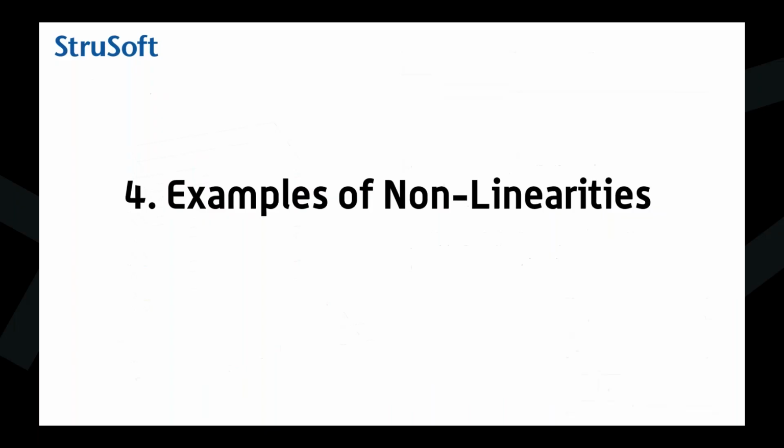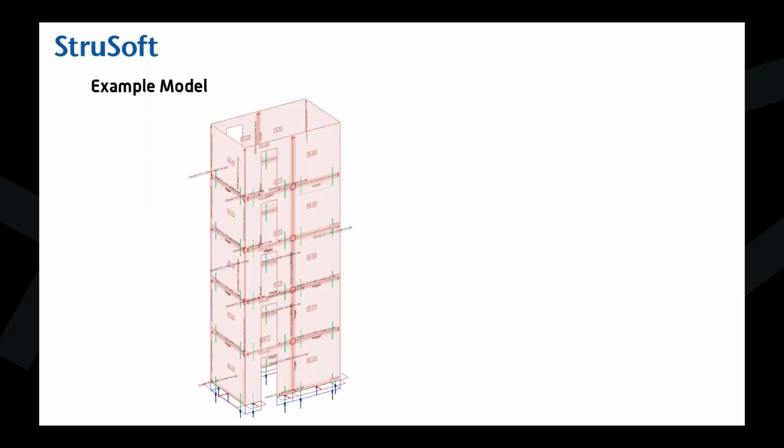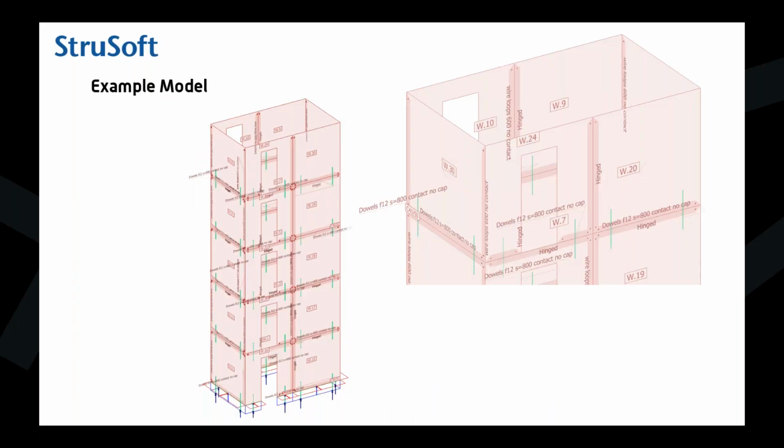Then I wanted to give you a few examples of nonlinear features we can put into our finite element models. The example structure is this: it's a shaft with elements, and we have also modeled those anchors in the model. If we zoom in, we can see that on those vertical connections we have used behavioral models.